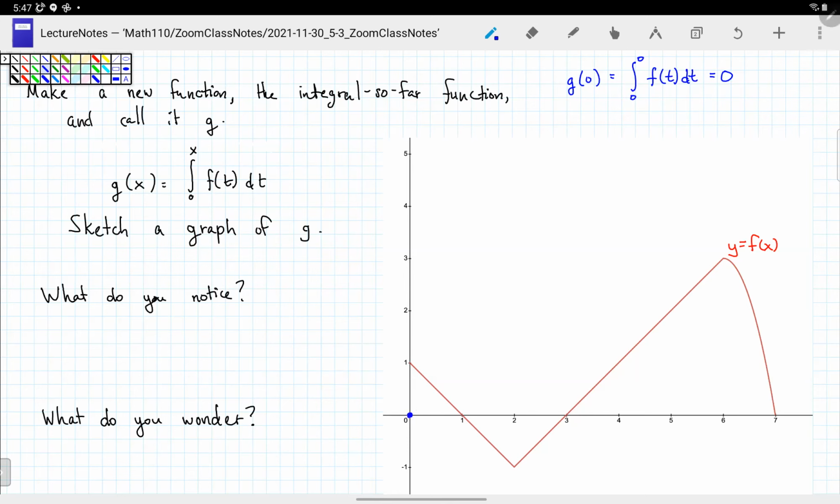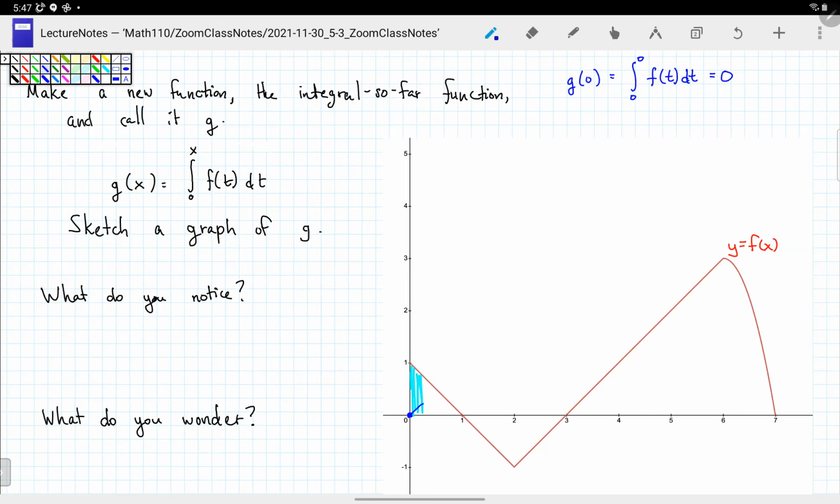And then what I'm doing is looking at the accumulation of signed area as x moves along. I think about the area of this function as x goes along, and I'm adding some positive area. So g must be an increasing function here.